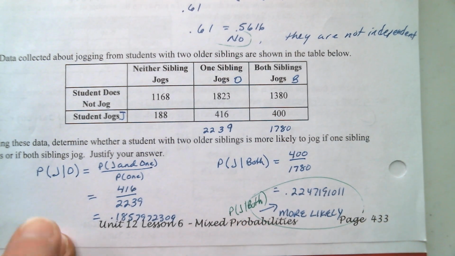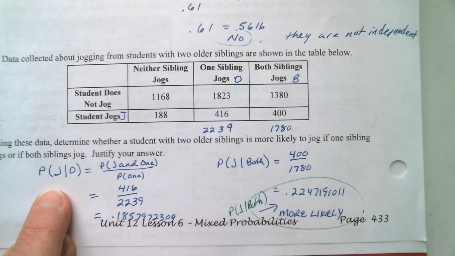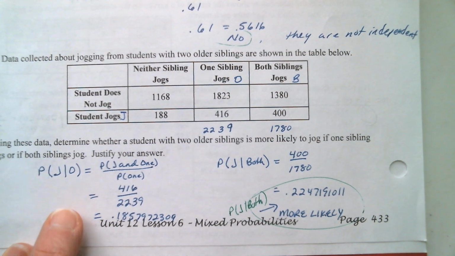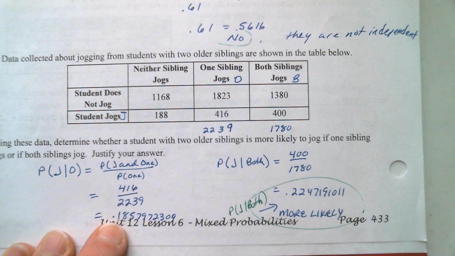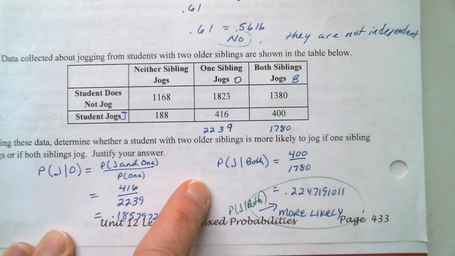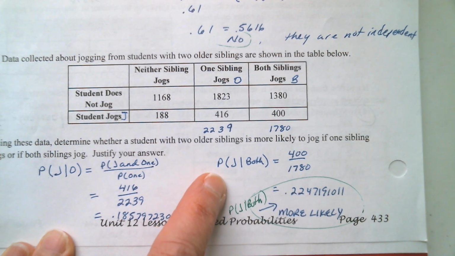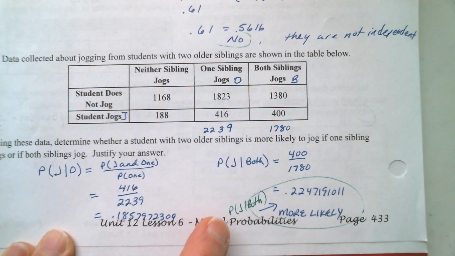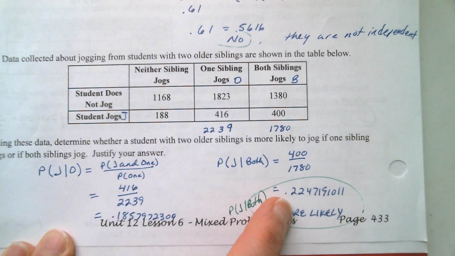So the probability of jogs given one sibling jogs is approximately 0.186, and the probability of jogs given both siblings jog is approximately 0.225. So this one is greater, more likely.